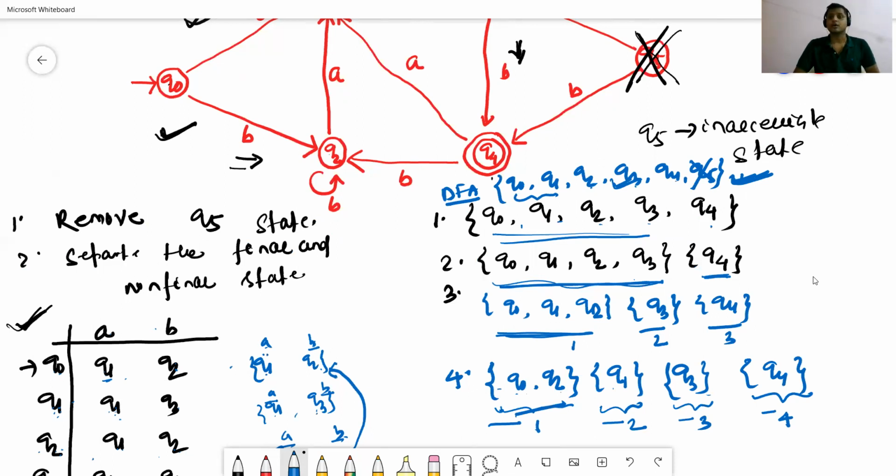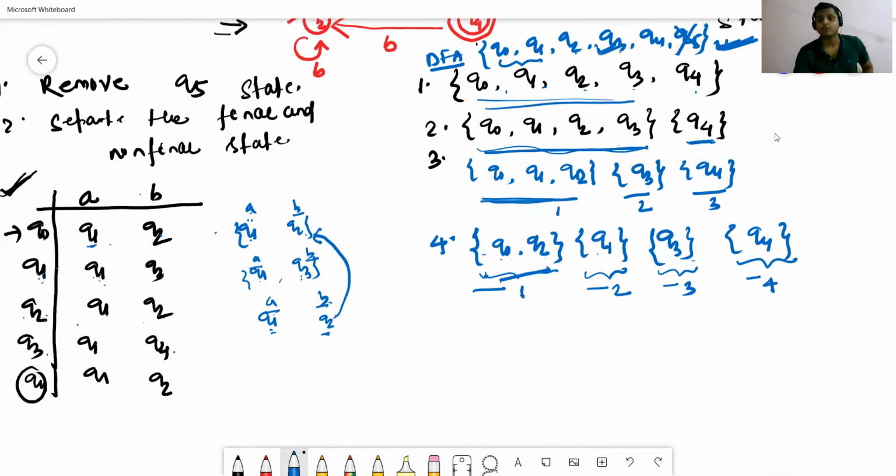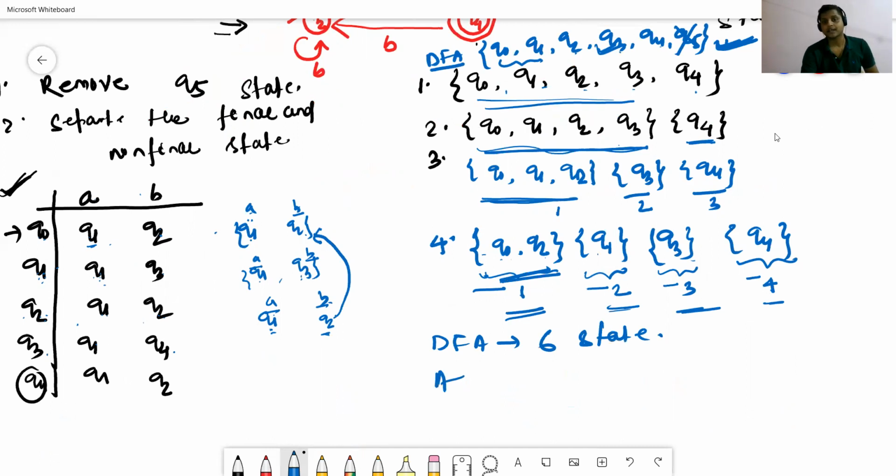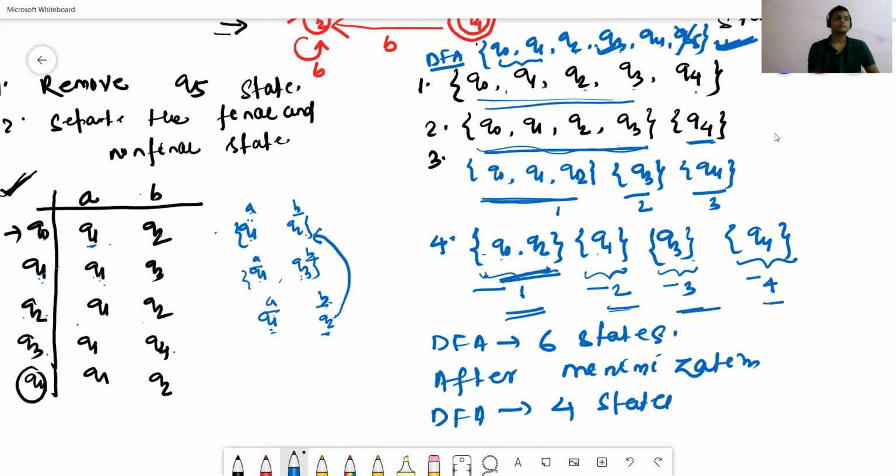So in the final step, we have total 4 number of states. Initially the DFA has 6 states, but after minimization, the DFA contains 4 states. Okay.